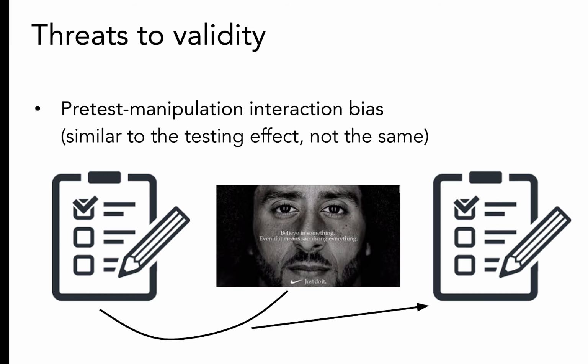Sounds convoluted, but yes, this can happen, and this is called priming. So if you prime people by putting them in a certain mindset first, by asking them tons of questions about a topic, which literally makes that topic top of mind for them, it's going to influence how they regard any subsequent stimulus, which in a combined way together is going to influence the outcome variable. This is called the pretest manipulation interaction bias.